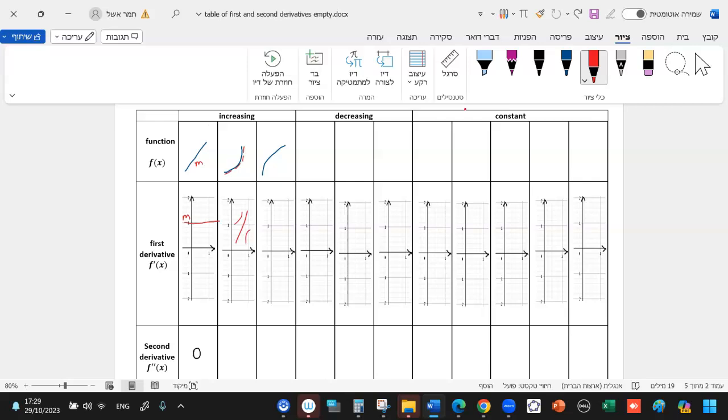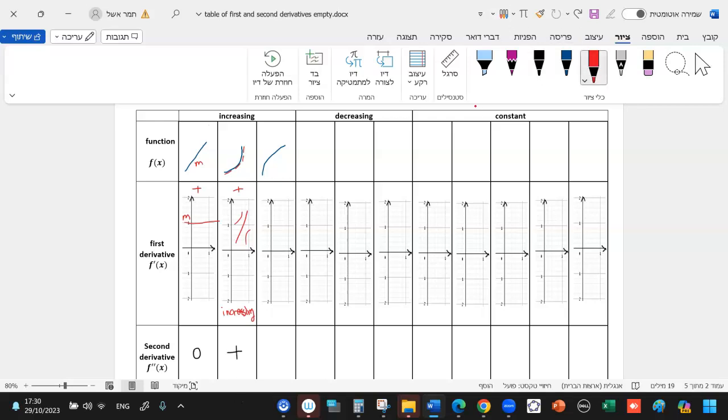We know that first derivative is positive and increasing. So second derivative, since the first is increasing, second derivative will be positive.